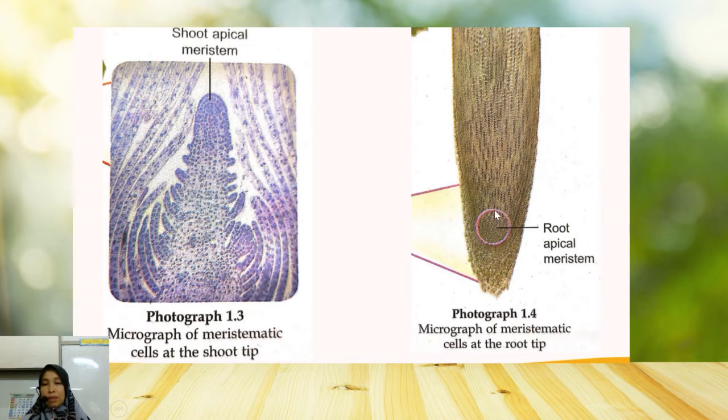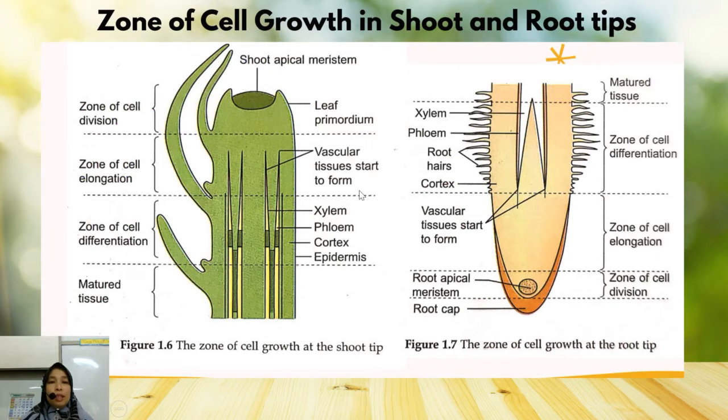At the tips of the root, there is the root apical meristem. Now this is the diagram of the zones of cell growth at the shoot tip and also the root tip.